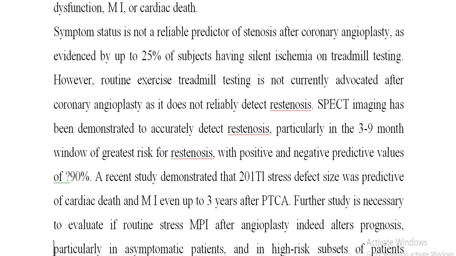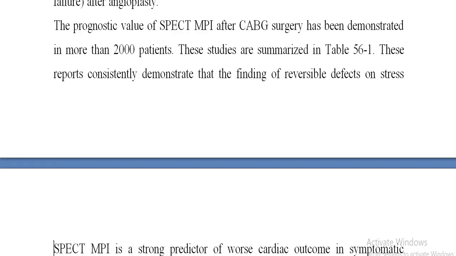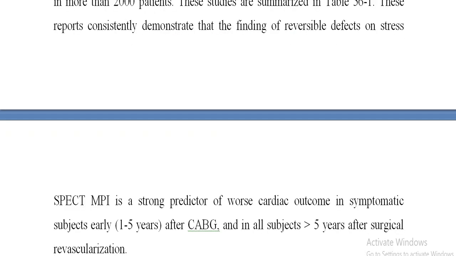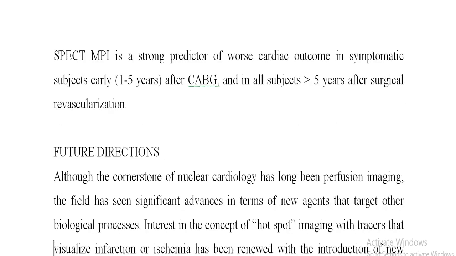Further study is necessary to evaluate if routine stress MPI after angioplasty indeed alters prognosis, particularly in asymptomatic patients, and in high-risk subsets of patients (decreased LV function, multivessel or proximal LAD artery disease, DM, renal failure) after angioplasty. The prognostic value of SPECT-MPI after CABG surgery has been demonstrated in more than 2,000 patients.